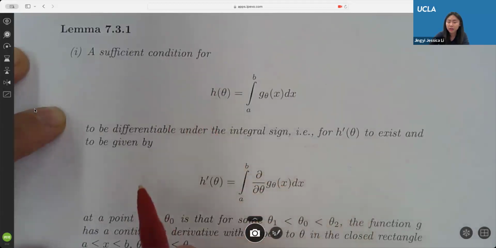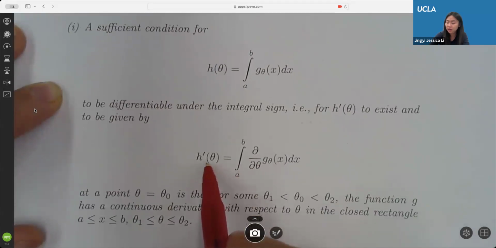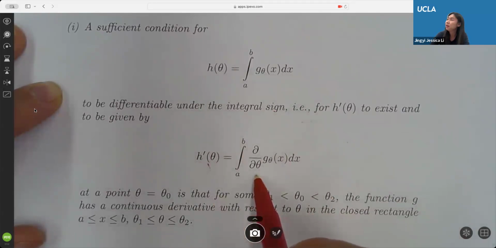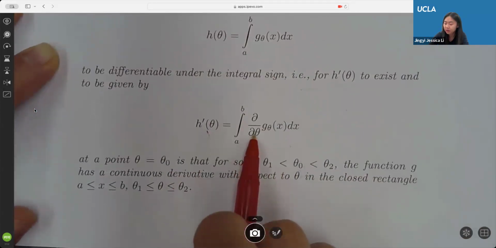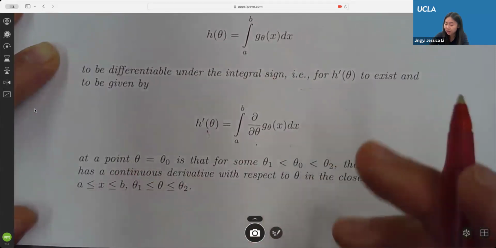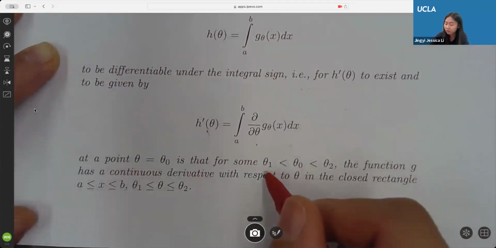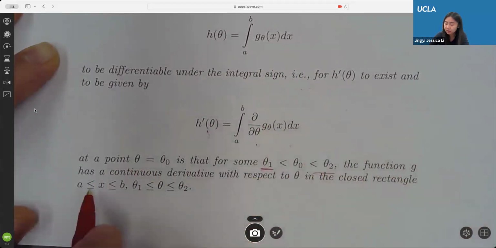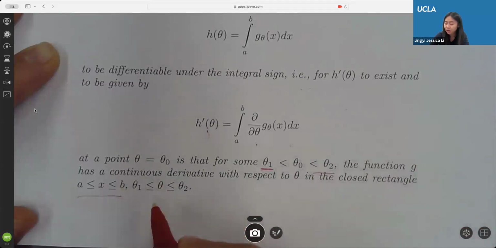So essentially, the differentiation should be outside the integration, but we're now moving it inside, right? How can we make sure this holds? It's about this exchangeability condition. It is that for some theta 0 between theta 1 and theta 2, the function g has a continuous derivative with respect to theta in the closed rectangle, x from a to b, theta from theta 1 to theta 2.